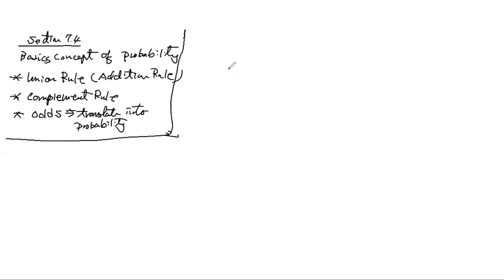So let's take a look at the first one, the union rule, which we also call the addition rule. Here's the formula. You need to write it out so you can use it later. If we have A union B, what is this going to equal to?